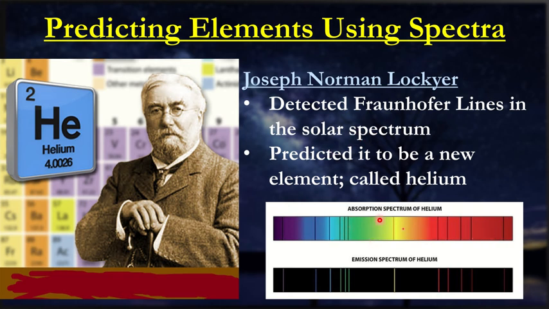He noticed that these absorption lines didn't match anything they knew of the elements of the periodic table at the time. So he called it helium. He said, we don't have this. This probably does exist, but there's no way to identify it just yet. So he gave it a name and called it helium.